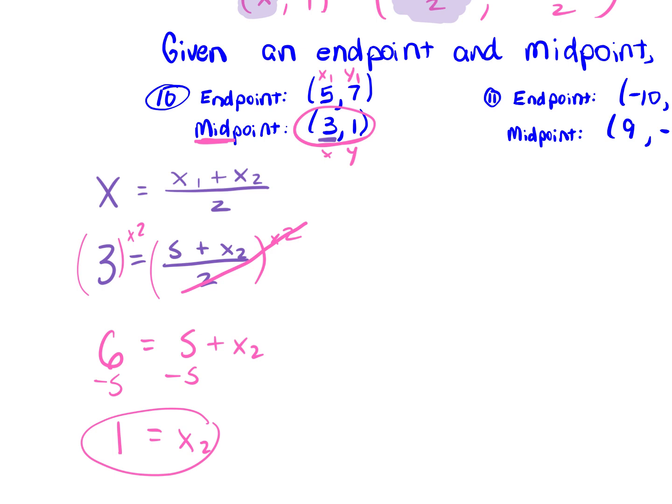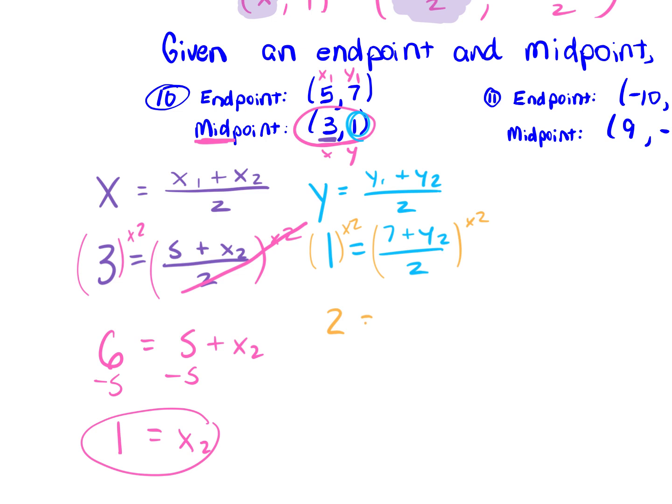So now we need to find the y. So we're going to say y is equal to y1 plus y2 over 2. What am I going to plug in for my y? 1, because the midpoint is 1 for the y. So 1 is equal to, what's our y1? 7 plus y2 over 2. What would we do to solve here? Multiply both sides times 2.